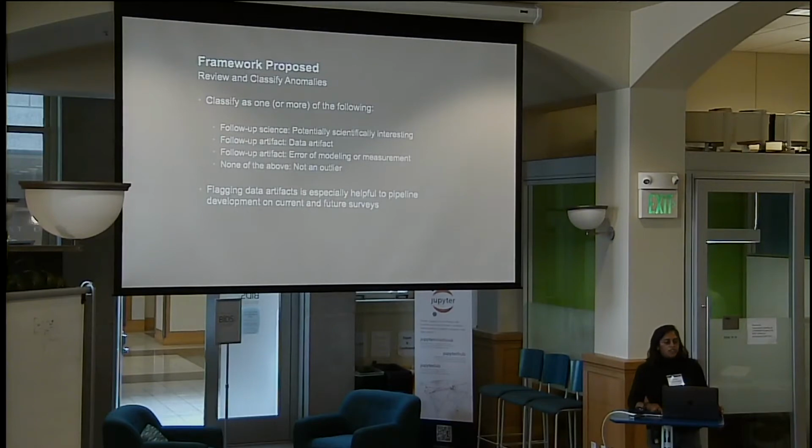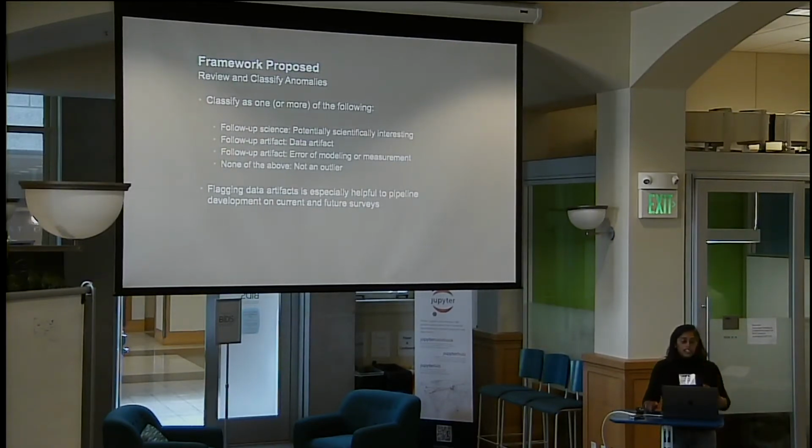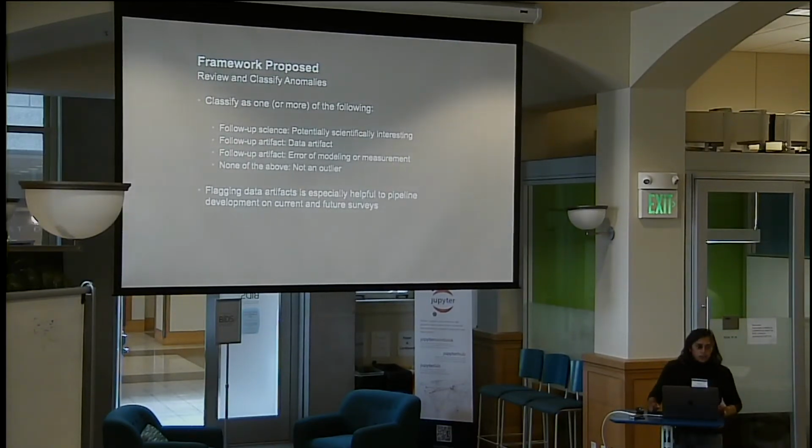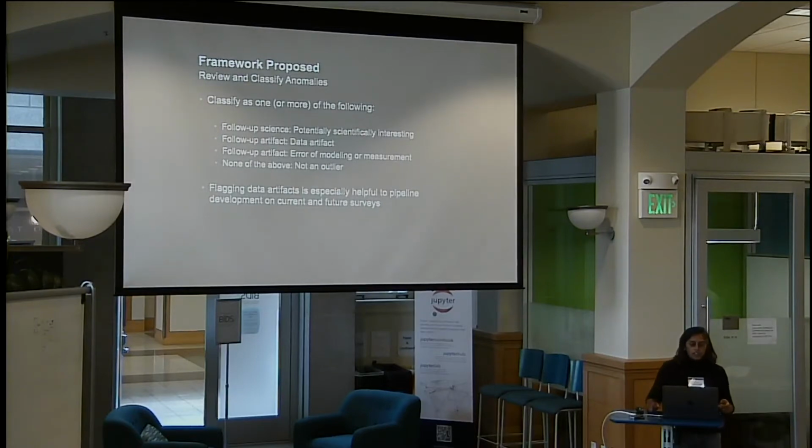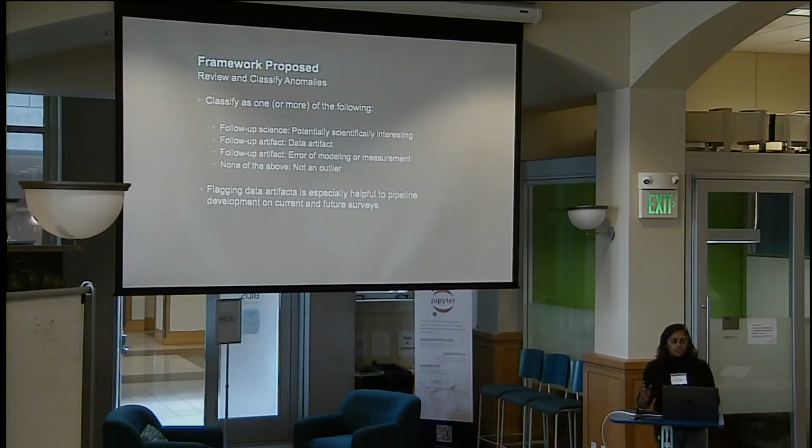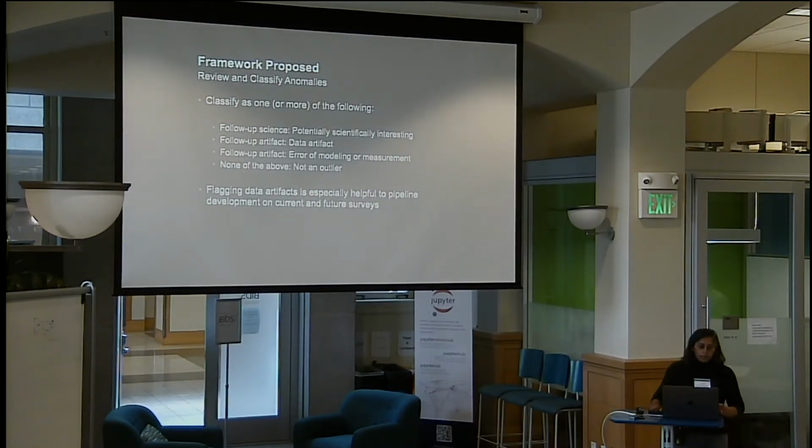So we're getting close to the final step, which is to review and classify the anomalies, and we developed 4 categories for classification for this particular task. The first category is that you found what you think is potentially something scientifically interesting. The next is that there are 2 kinds of artifacts you could find: some artifact of your data or the image, or some error of the modeling or measurement pipeline.